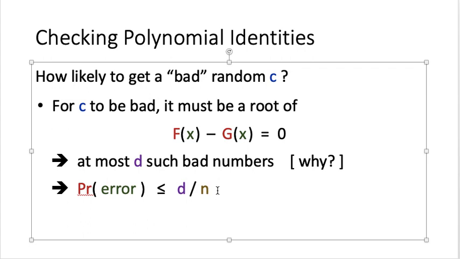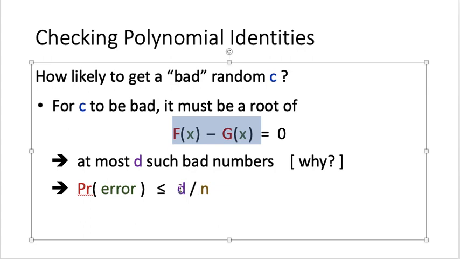In practice, the error probability could be much smaller, because if this polynomial does not have any integral roots, maybe there is no c that will make a mistake.